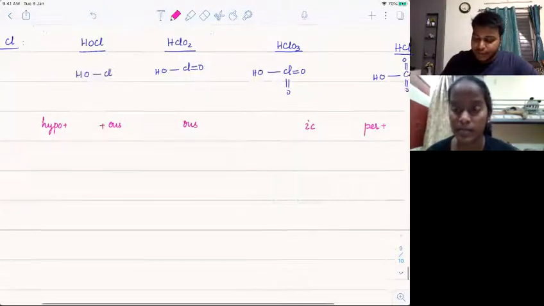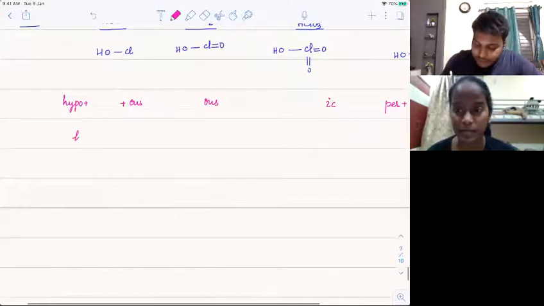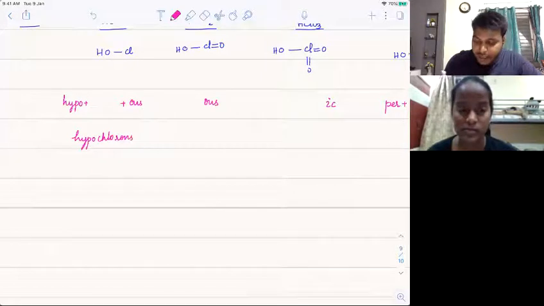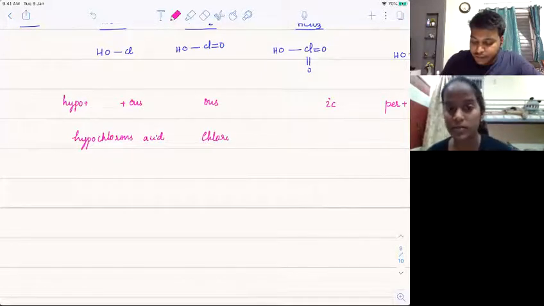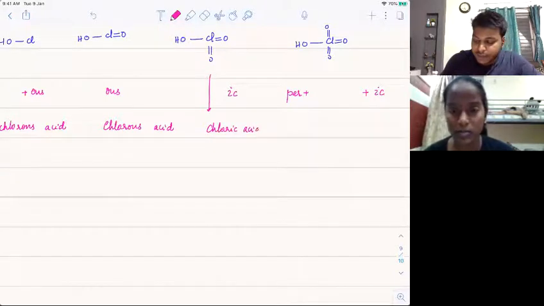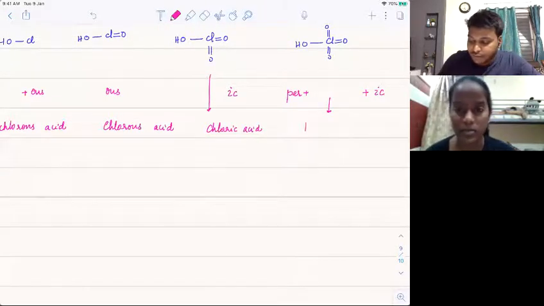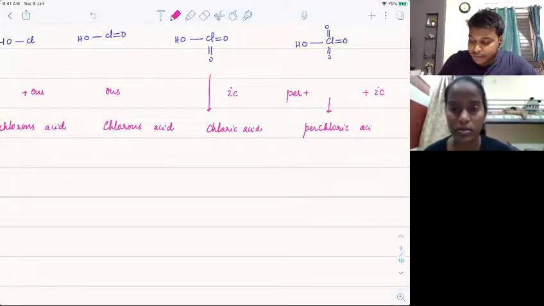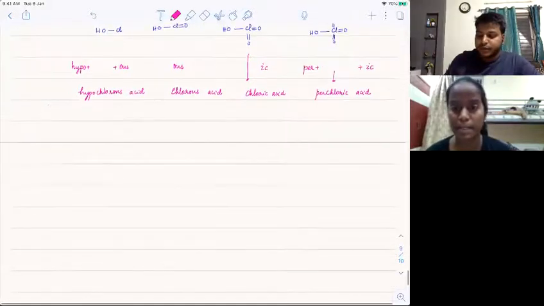So now let us write what is the name for this. This would be hypochlorous acid. This is simply chlorous acid. This one would be chloric acid, while this name would be perchloric acid. I hope you understood that.